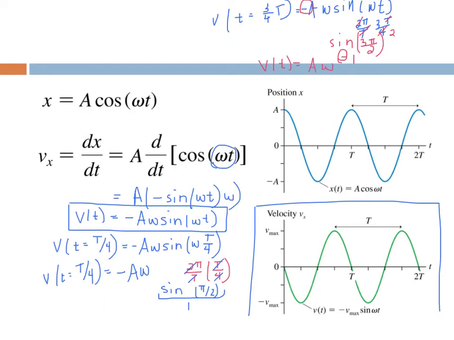So that means that anytime we get a omega, we are looking at our maximum speed, not velocity, speed. So here, we can rewrite this velocity equation as negative maximum speed times sine omega t, and you'll see a summary of this in just a moment.